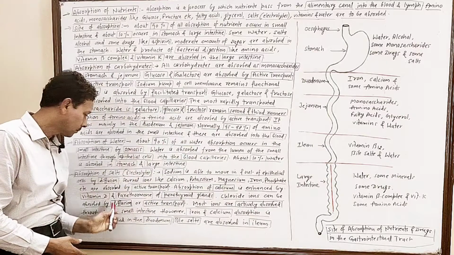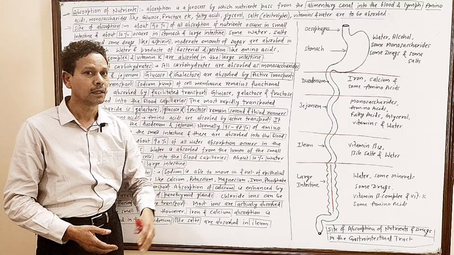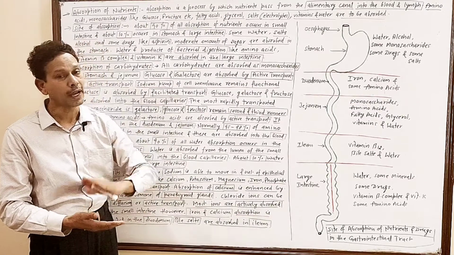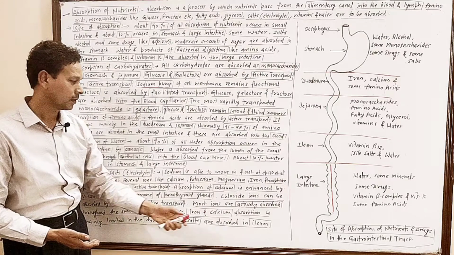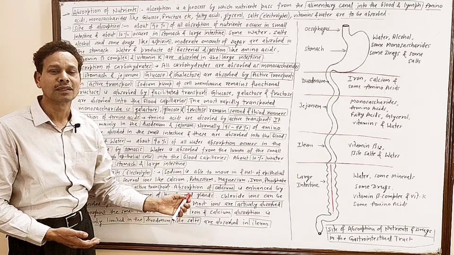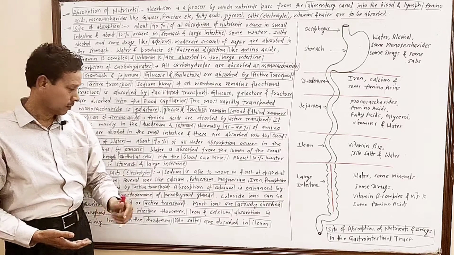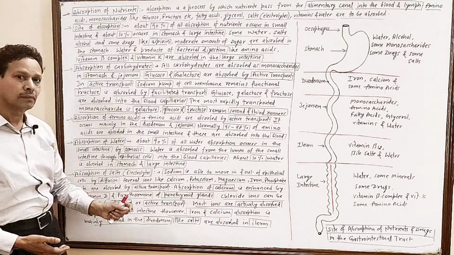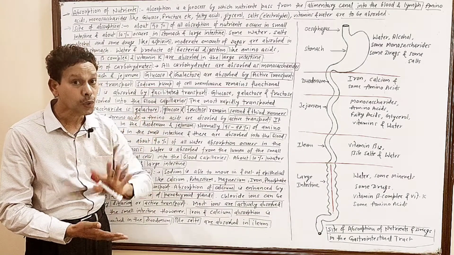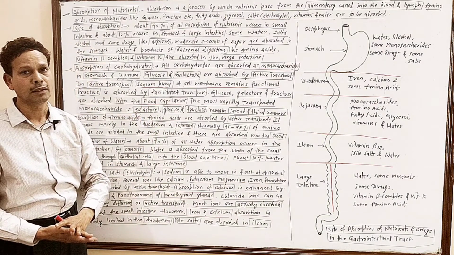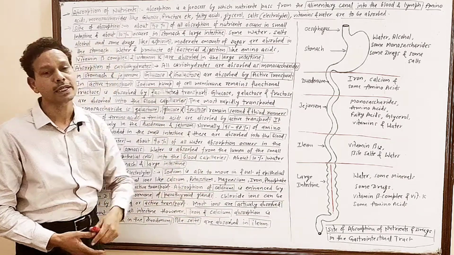Most electrolytes like calcium, iron, phosphate and magnesium are absorbed by an active process.